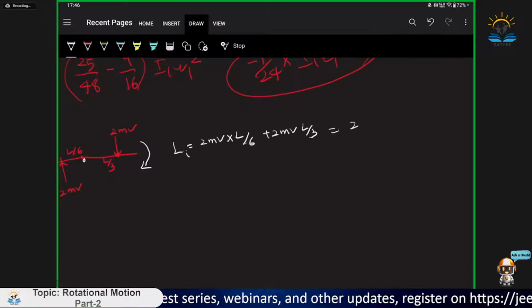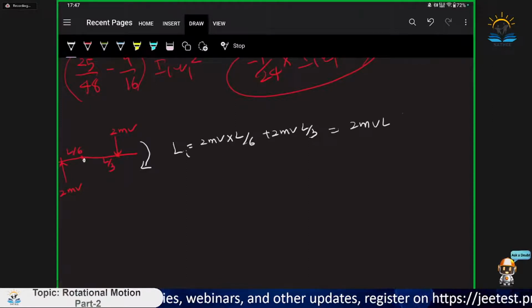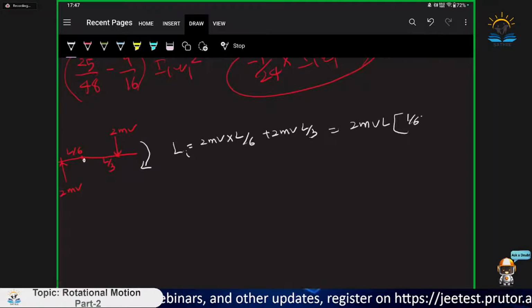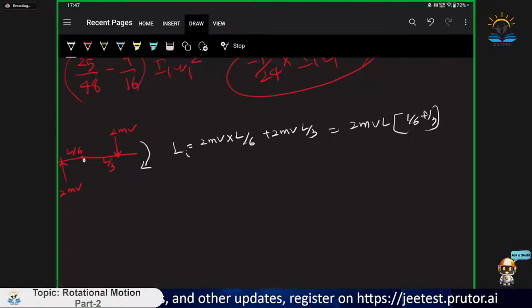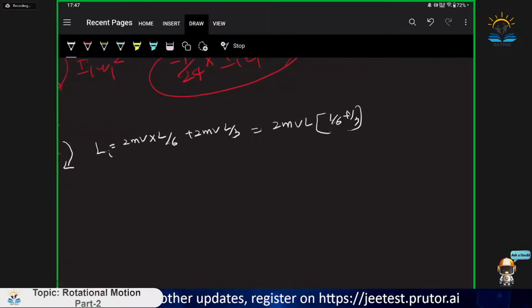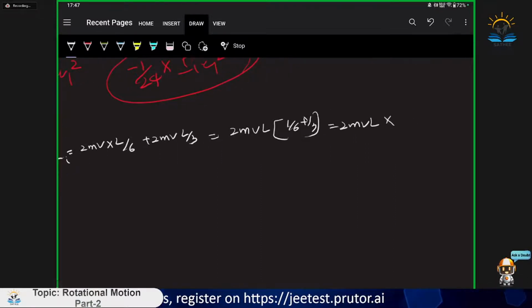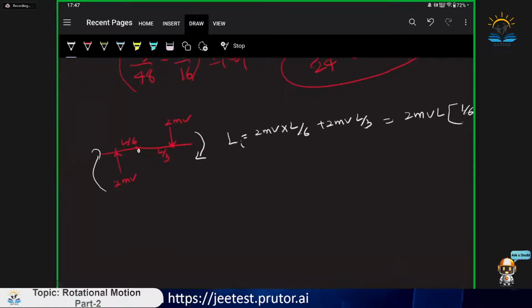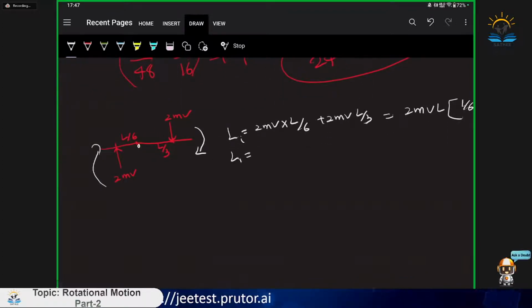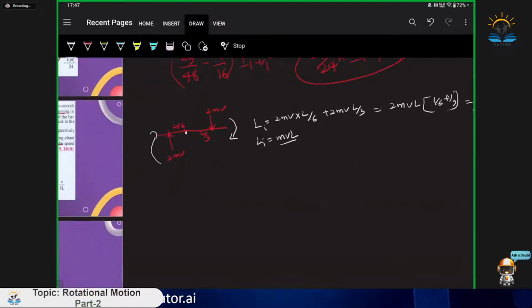We can take out 2mvL common, 1/6 plus 1/3, that is 9/18, which is 1/2. So L initially is mvL.